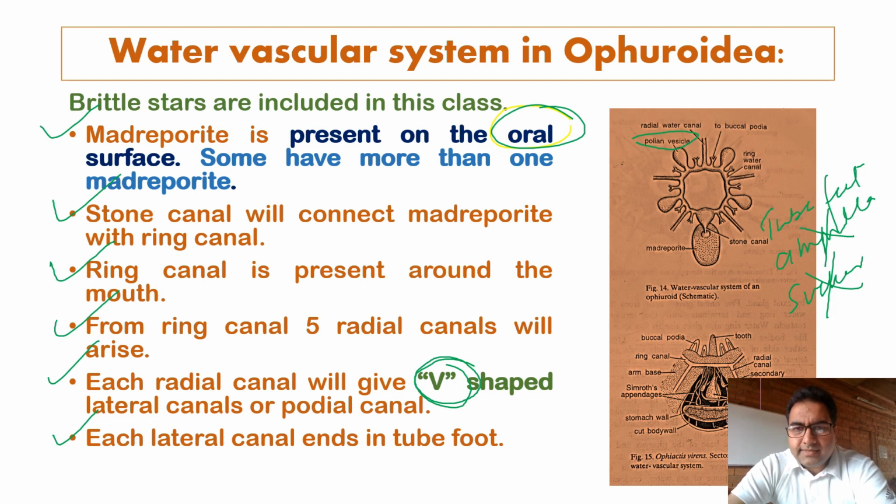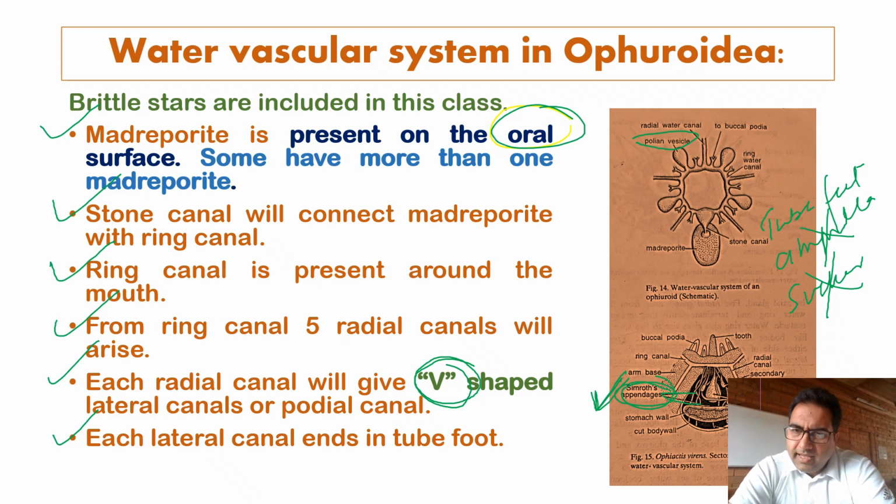We call them the Simroth appendages. Many a time these long slender tubular appendages, the Simroth appendages, are a characteristic feature in the case of Ophiuroidea.